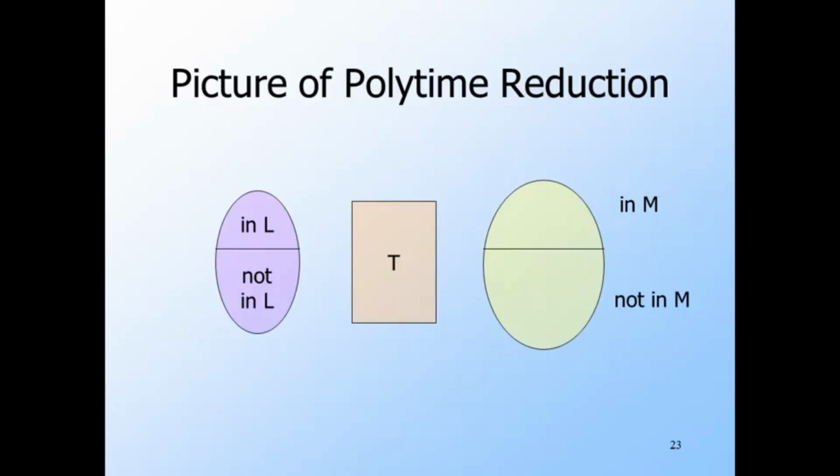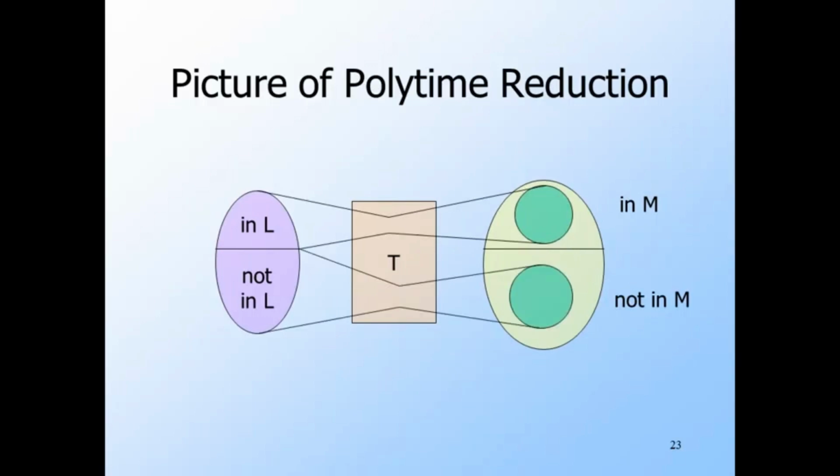In the middle is the polytime transducer T. Every string in L is transformed by T into a string that is in M. There can be strings in M that are not the target of any string in L. And every string not in L, but over the alphabet of L, is transformed by T into a string that is over the alphabet of M, but is not in M. Again, there can be strings in the complement of M that are not the target of any string in the complement of L.